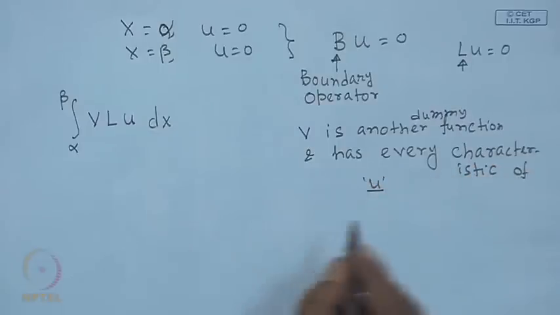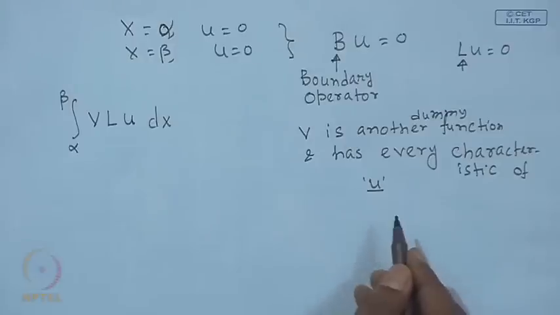That means, if u is differentiable 2 times and continuous in the domain, v is also differentiable and continuous in the same domain.